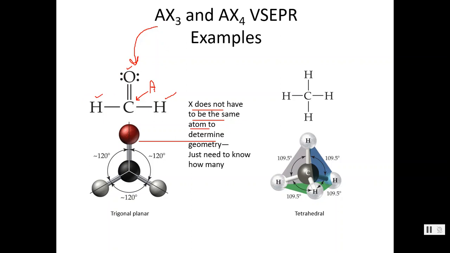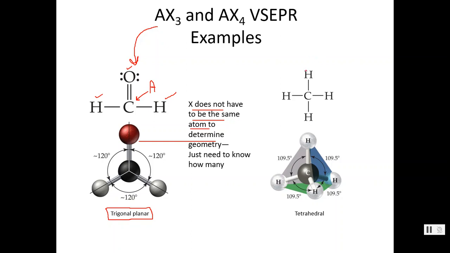So that would be AX subscript 3. I have no lone pairs of electrons on my central atom. So my VSEPR notation would be AX3. And as you'll see shortly, anything that has an AX3 VSEPR notation has a molecular shape or geometry that is trigonal planar.